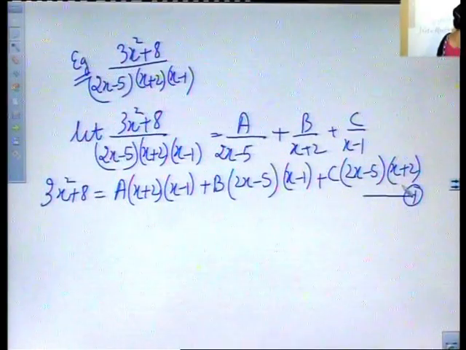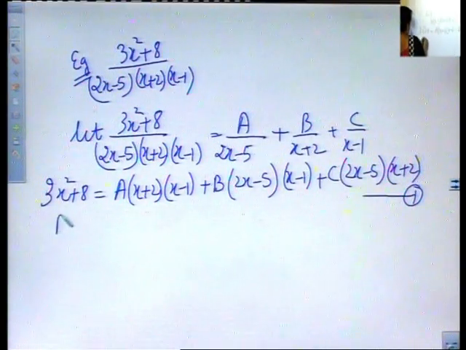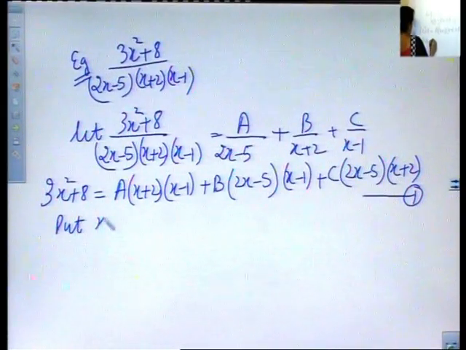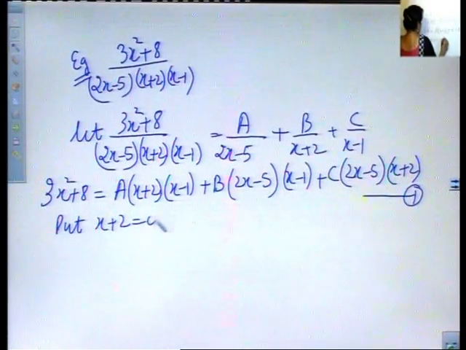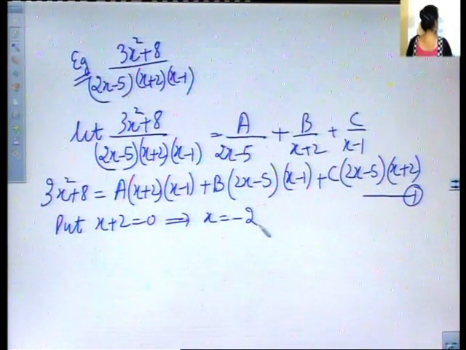Write it as number 1. Now put each factor equal to 0, that is put x plus 2 is equal to 0. This implies x is equal to minus 2.